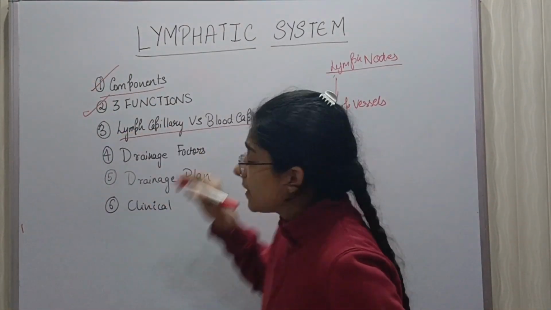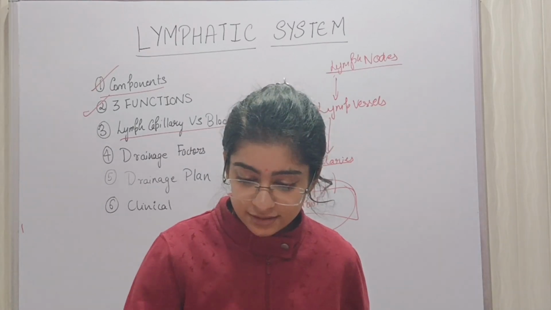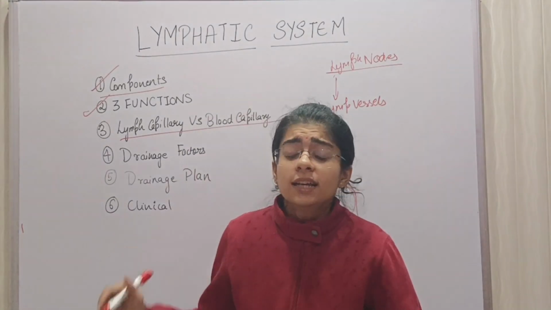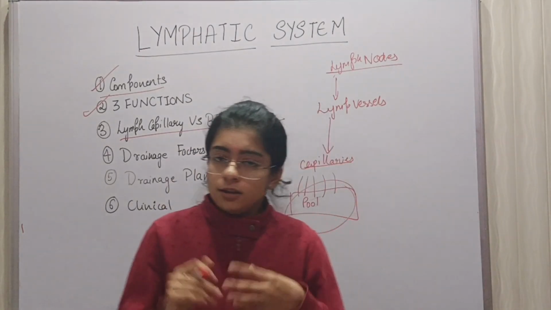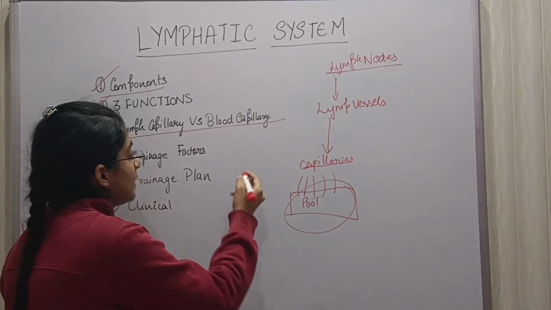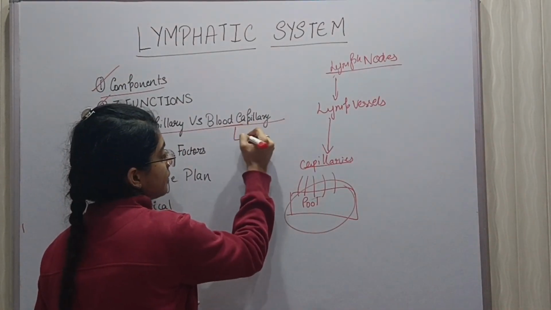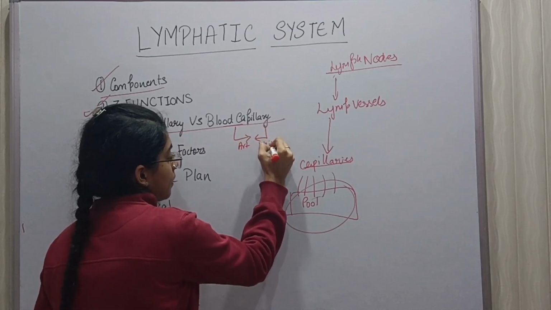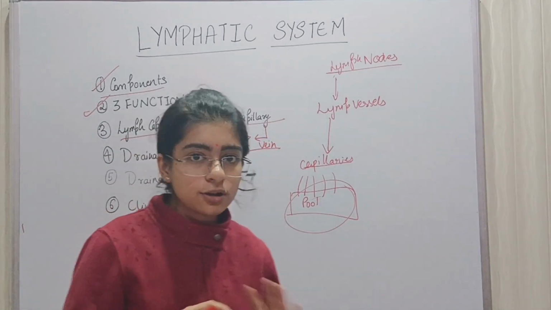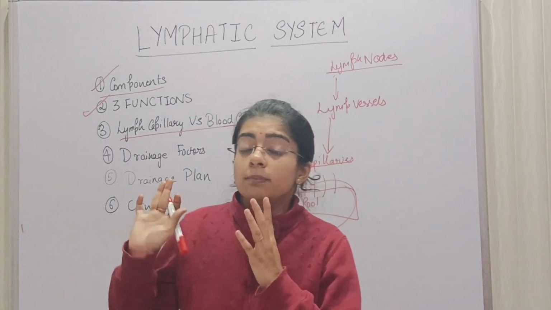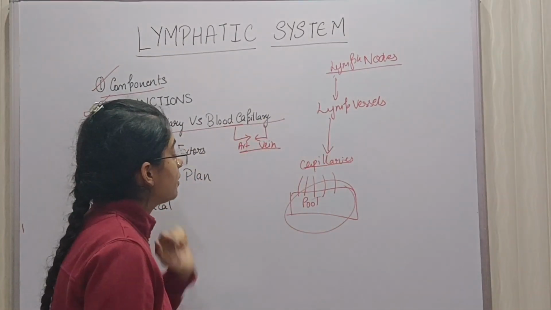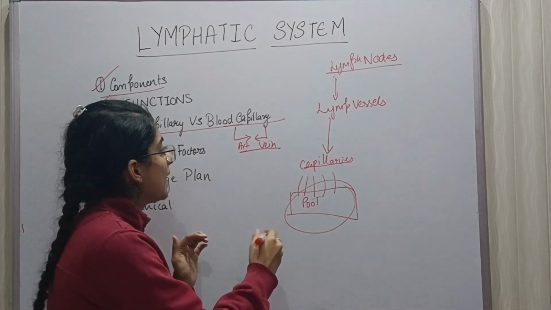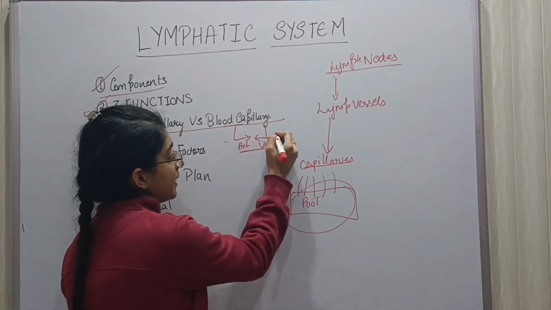Next, let's compare the lymph capillary versus the blood capillary. The blood capillary, we know what it is. Basically, it is a junction between the artery and the vein, right? We all know this. In the artery and vein junction, it is open from both ends.